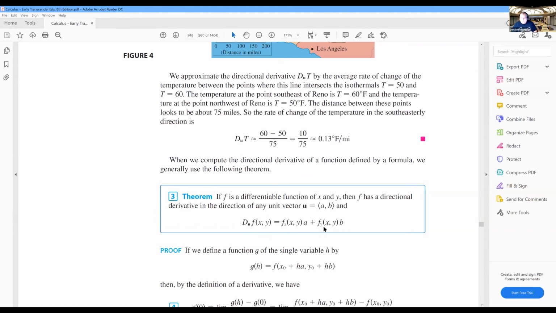The directional derivative is called capital D, little vector U, of whatever the function is, and U is the vector a, b. And you plug in the partial derivative of x times a plus the partial derivative of y times b. Okay, that picture didn't help one bit in my opinion, so I'm kind of disappointed.